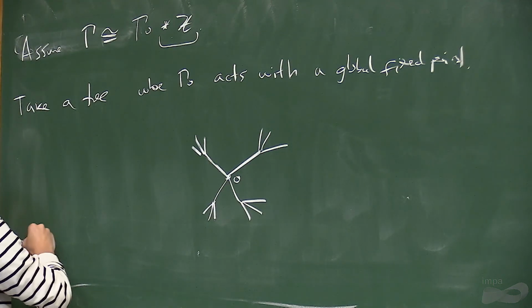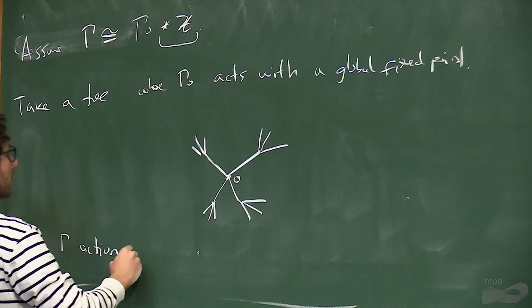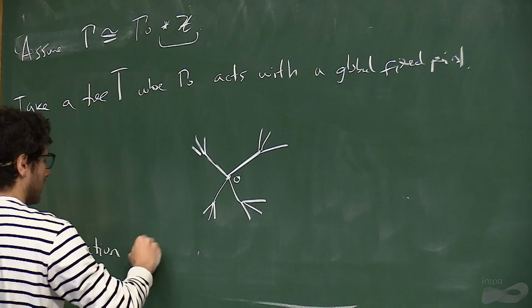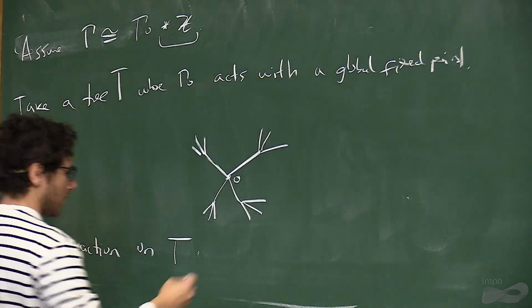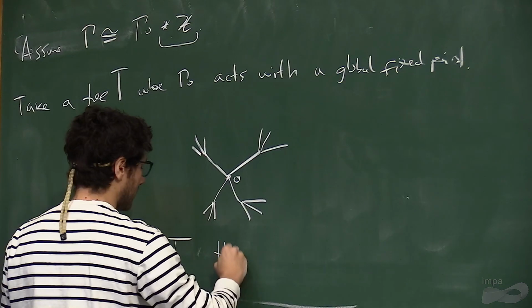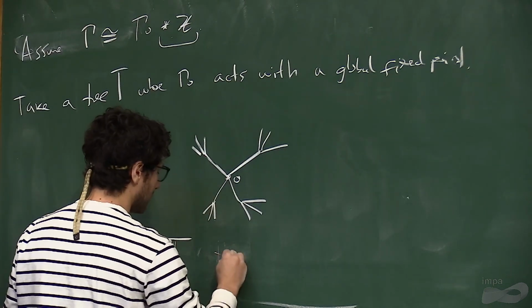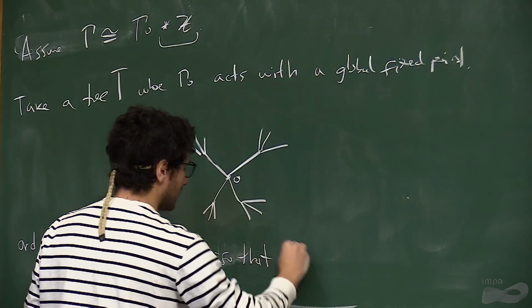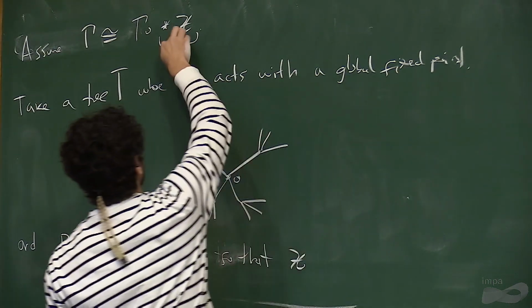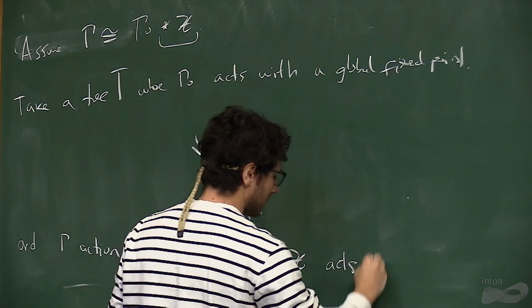And then you make a gamma action on T that does not preserve a probability measure, or so that this Z copy, Z acts loxodromically.